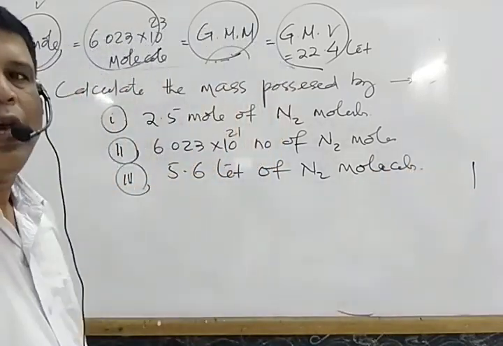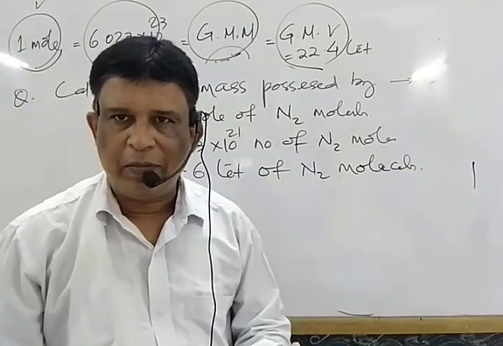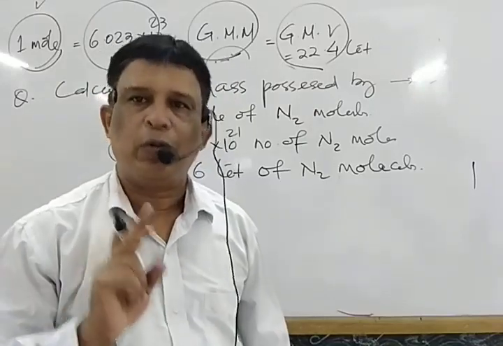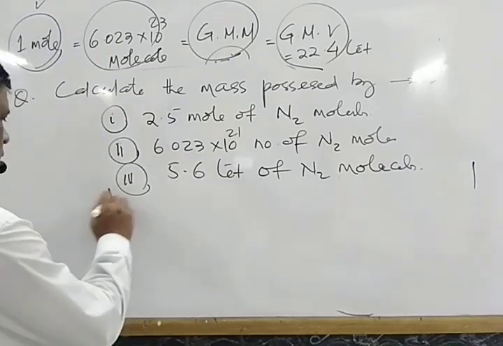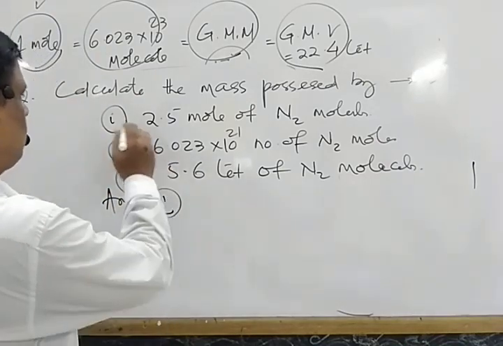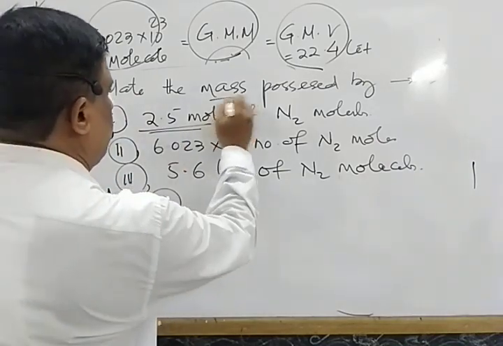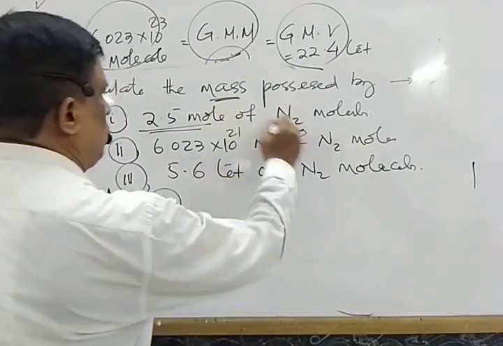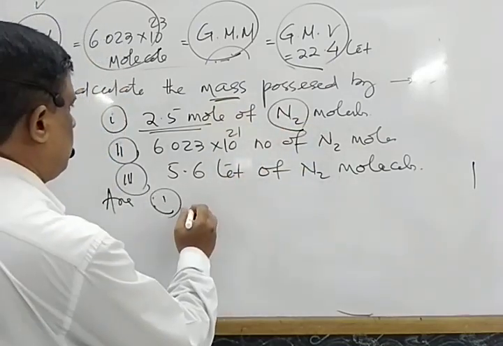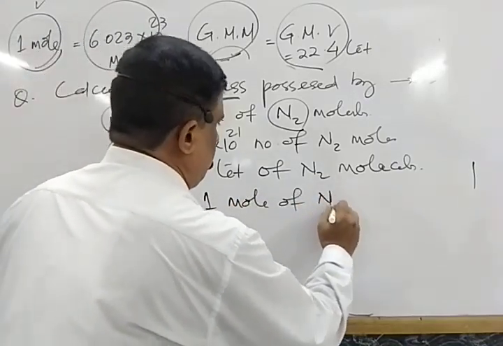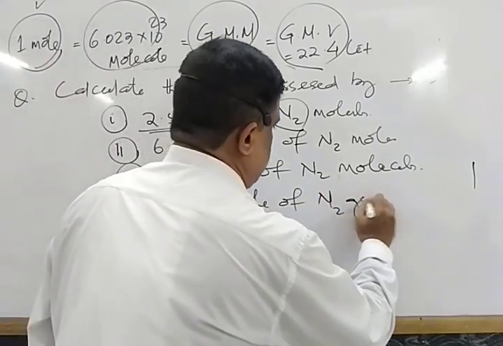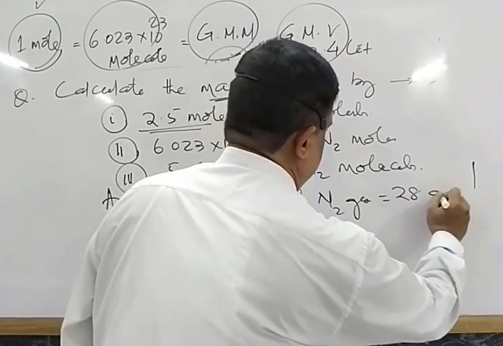Mark the question. If one is able to know the concept, then automatically one can build up the question and also the answer. Mark the answer. Answer B1. What is the question? Mole with mass. For N2, nitrogen, we know that 1 mole of N2 gas possesses 28 gram.